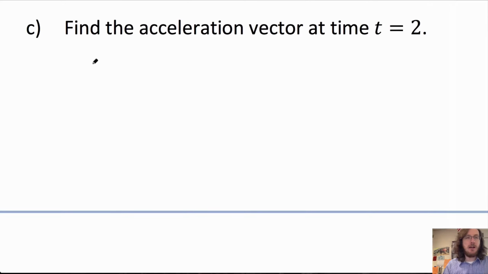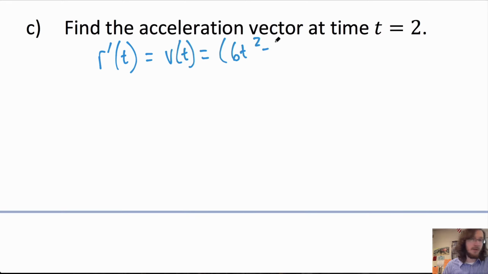Okay, so knowing that r prime of t, which is our velocity, which we found above to be (6t squared minus 6t)i plus (3t squared minus 12)j.